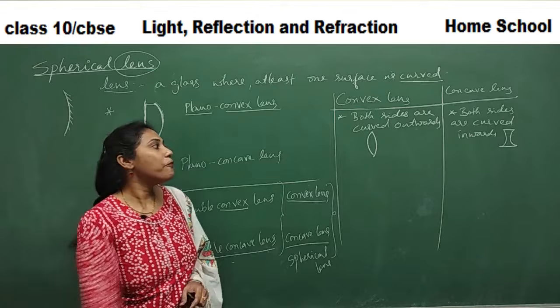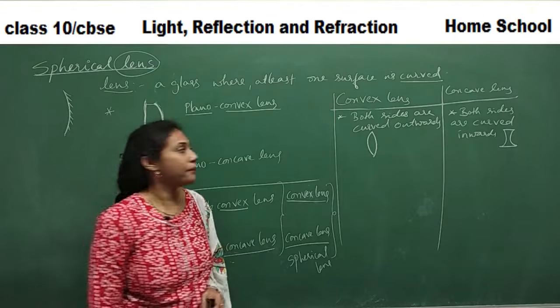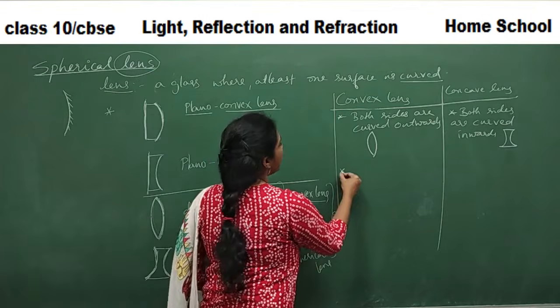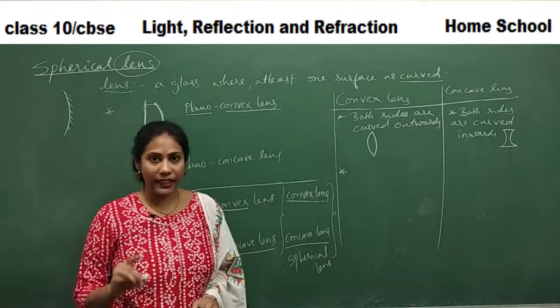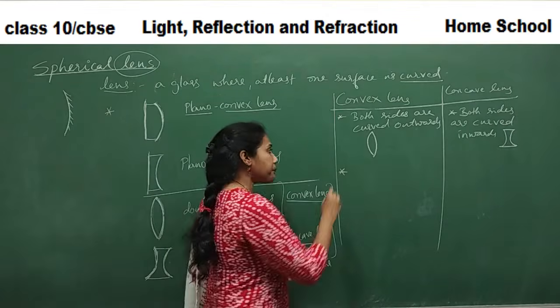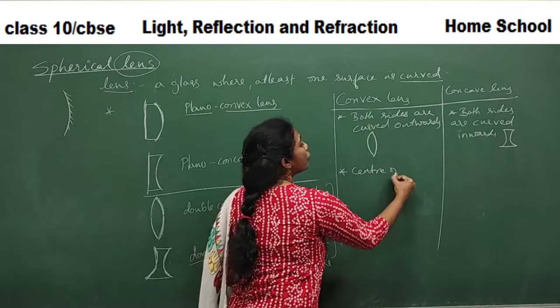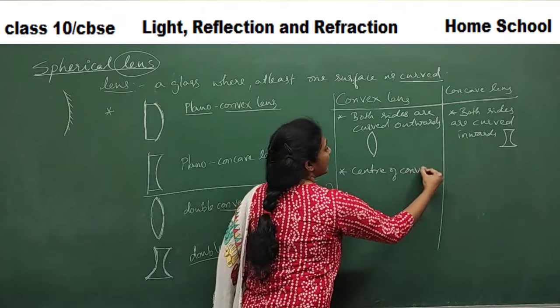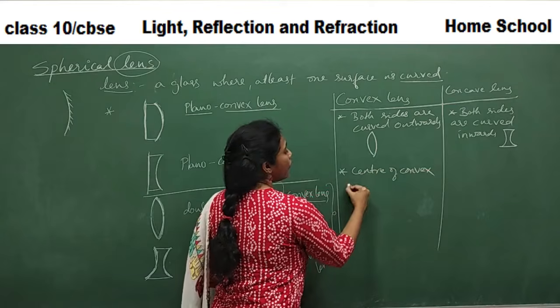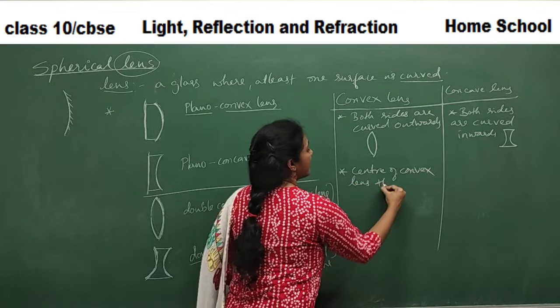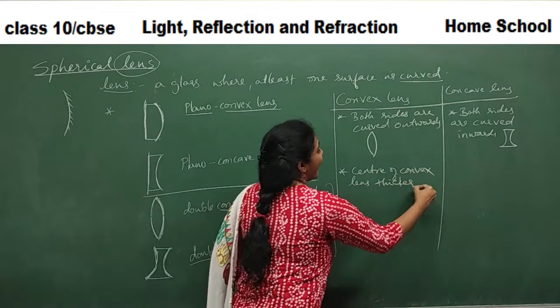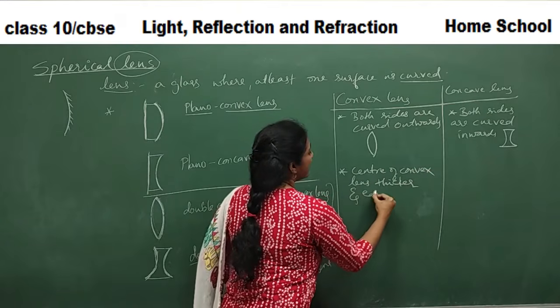So this is the first point of difference. And coming to the second point of difference, this is very important, guys. Center of convex lens is thicker. Center of convex lens is thicker. Okay, and edges are thinner.